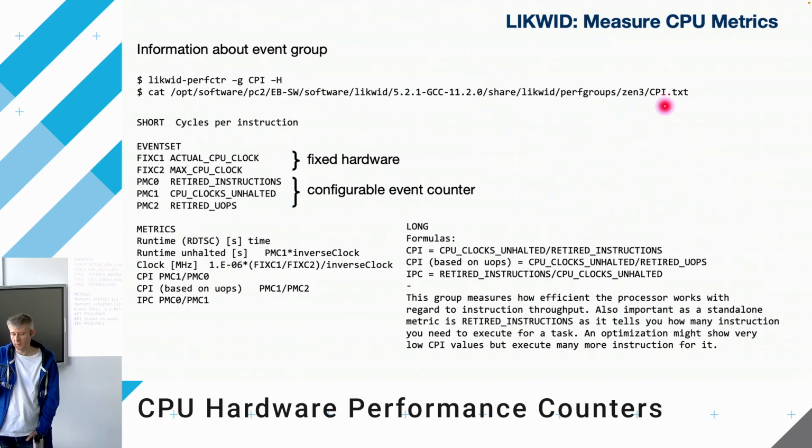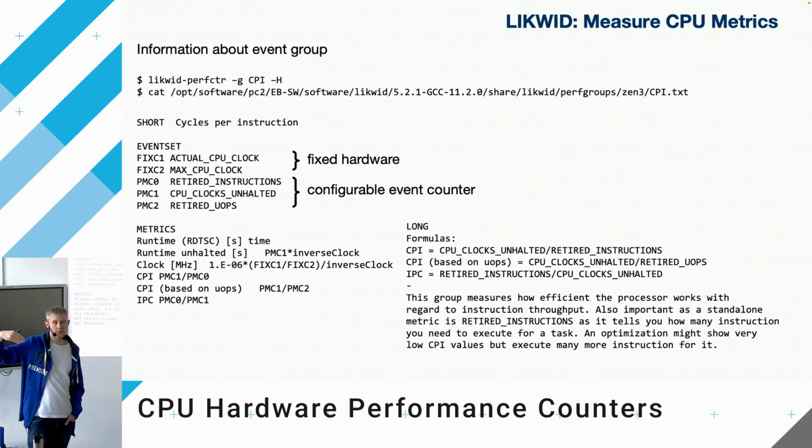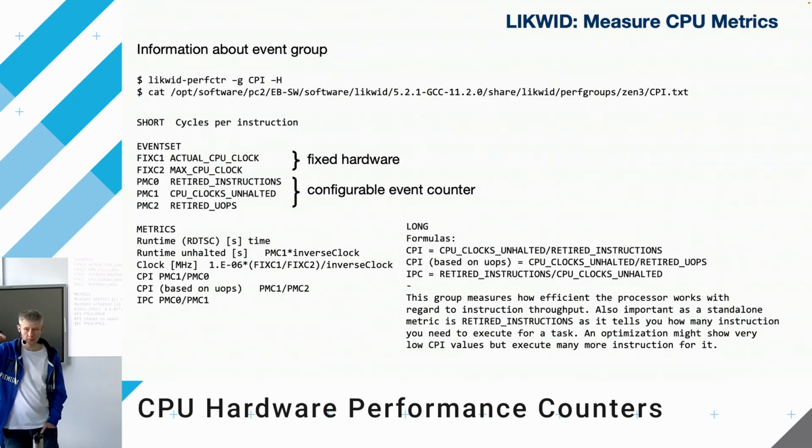and then if we look at the specification, we see there are some of these event counters used. The CPU offers multiple metrics, but you can't measure all of them at once. You only have a limited number of metrics that you can measure at the same time, because they have to be stored in some physical counters in the CPU.